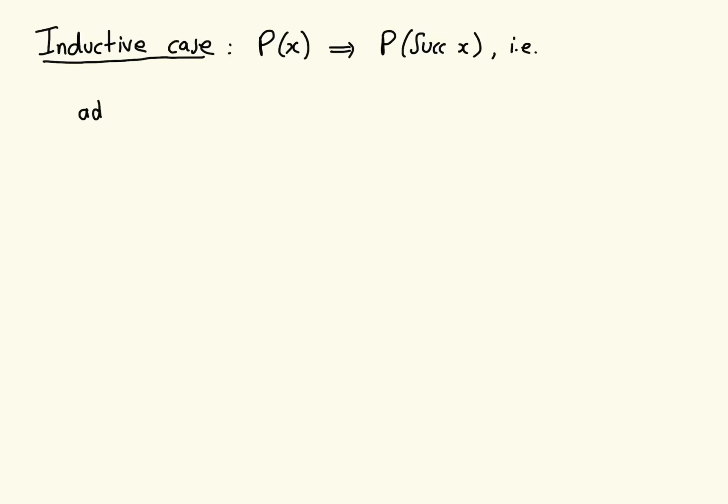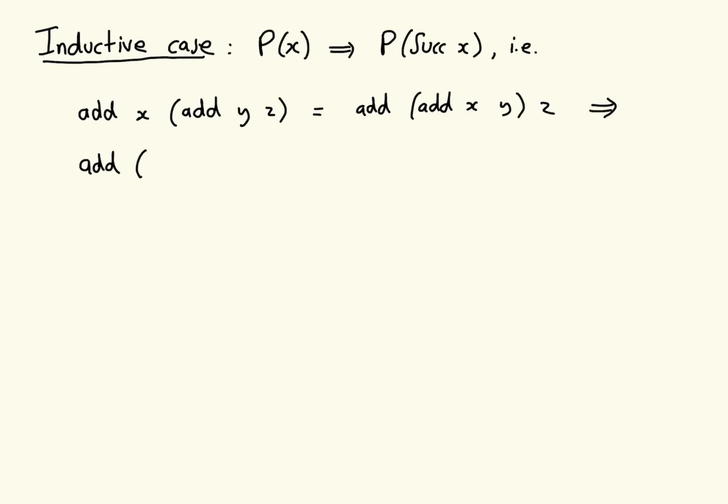So P of x is simply the associativity property for x. So if we have add of x and add of y z equaling add of add of x, y, and z. What I've just written down here, all of that is P of x. And then we have an implication, and that should entail add of successor of x, so the same property, but with successor of x written instead of x.